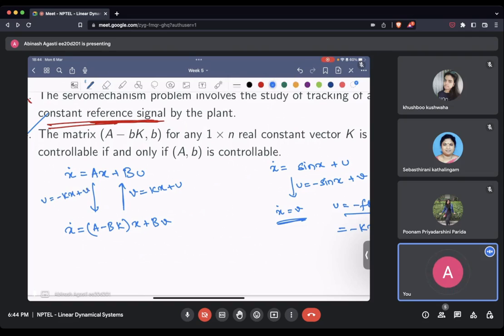Okay, so you can see that there is sort of an interplay here. I can get to one system from the other, although this is very loosely speaking, but this can be an intuitive explanation for why both of these systems would have to be controllable. Because if the first one is controllable, then like let's say this is controllable.